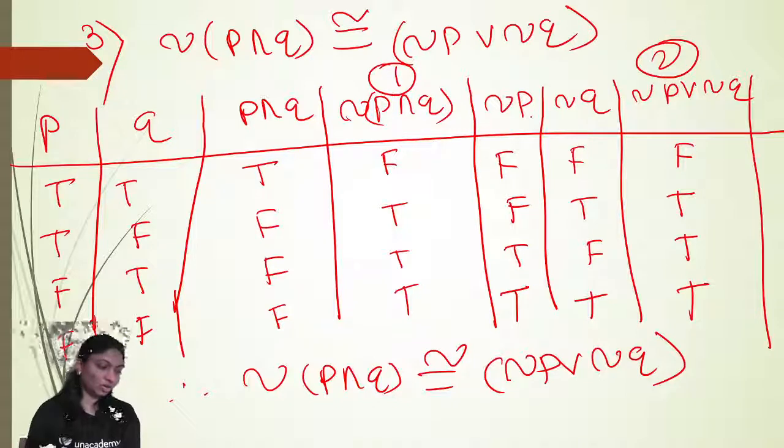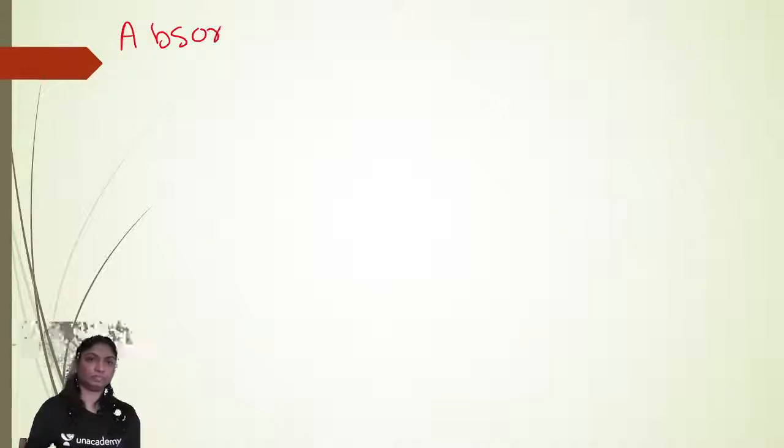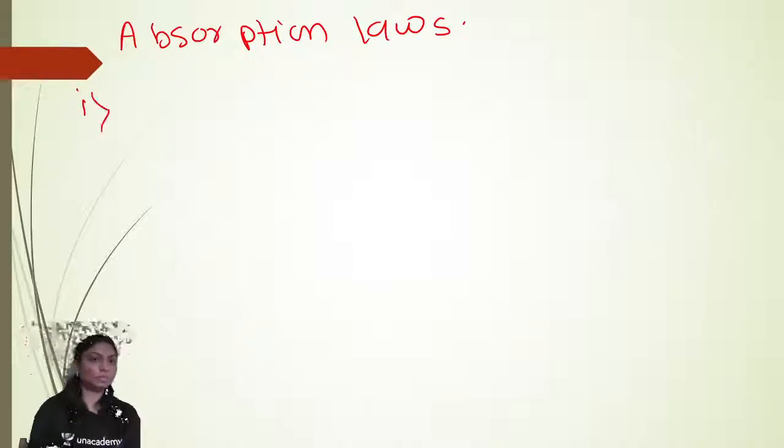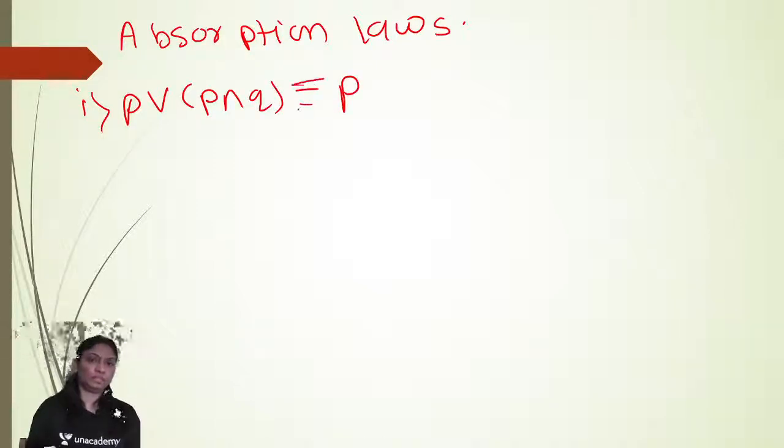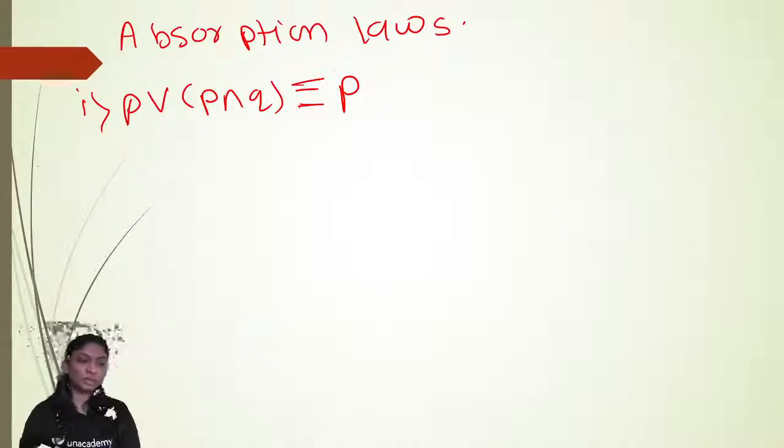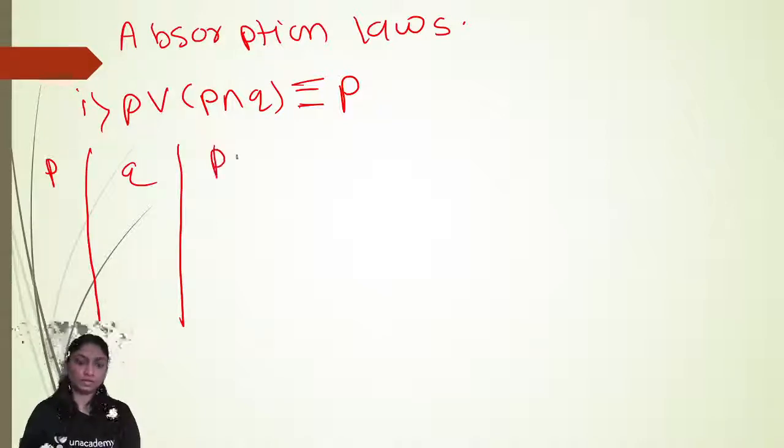Now, we can see the absorption laws for the logical connectives. First one: P or (P and Q) is equivalent to P. We can prove it by using a truth table. P, Q, P and Q, then P or (P and Q).